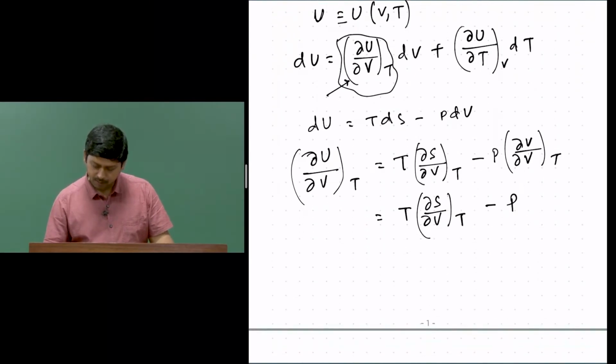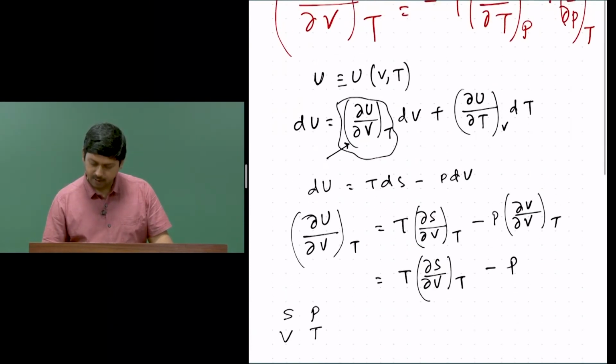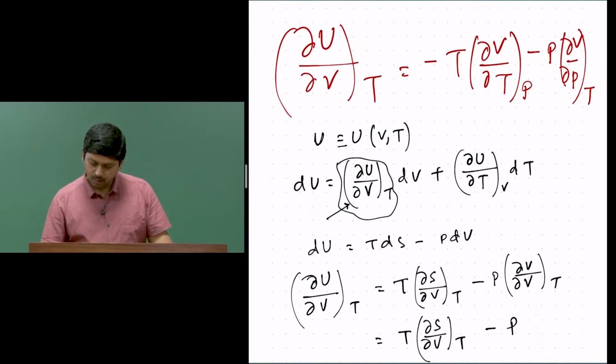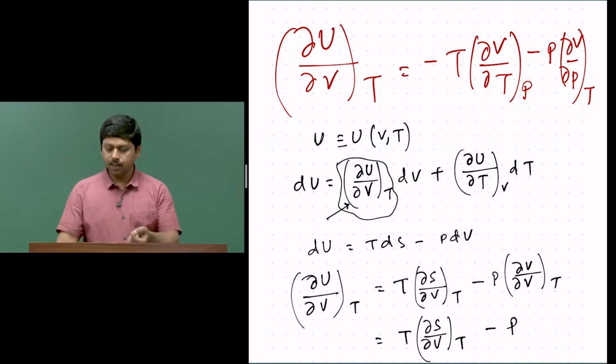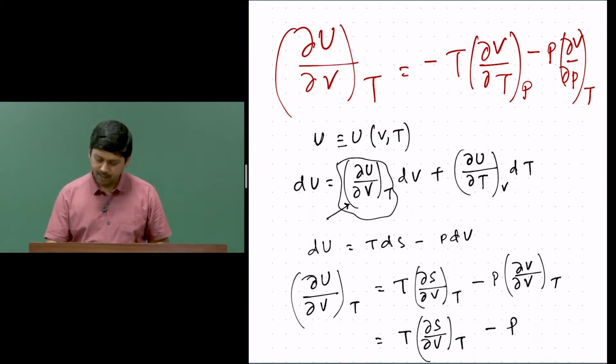So, we know from Maxwell's relation that del S by del V at constant T is del P by del T at constant V, and that is also not there. What we have here is an expression of P, but we can do a little bit of a trick here.